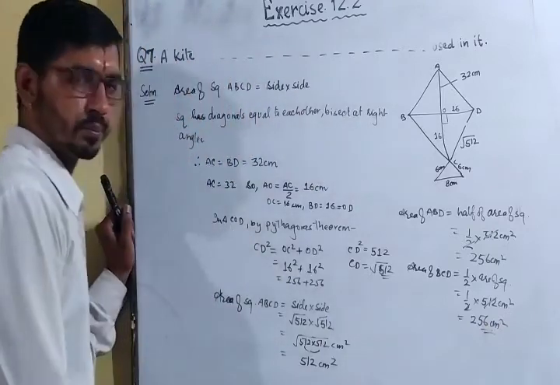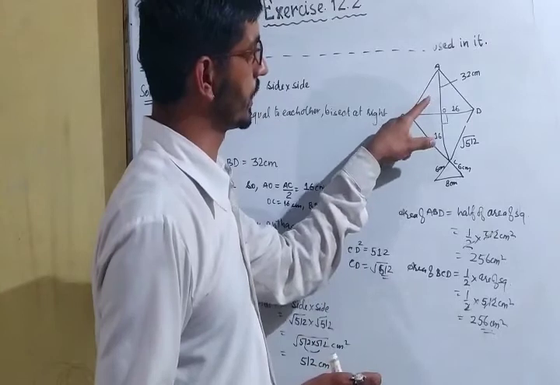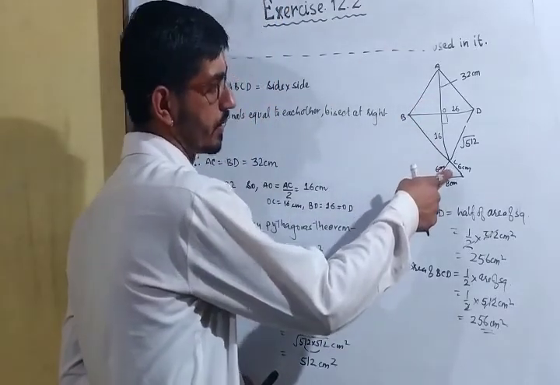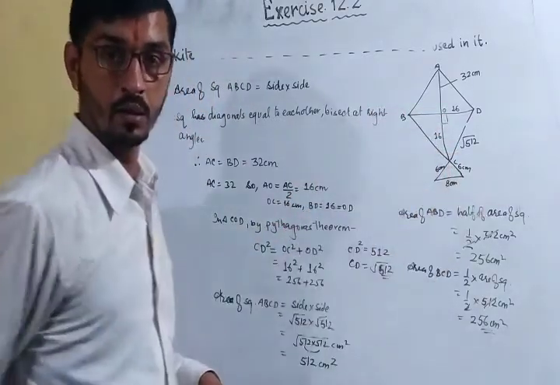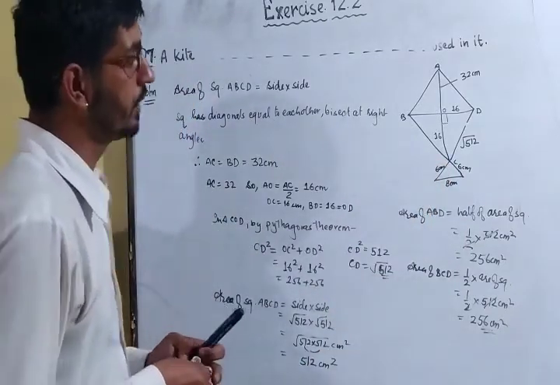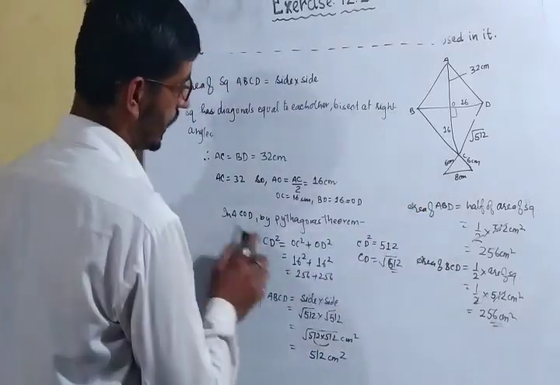So we have the area of paper used for two different colors, the upper part and the lower part. Now one more triangle is there, of another color. Let's suppose it is green. So what is the paper used for green color? We will find the area of this part as well.